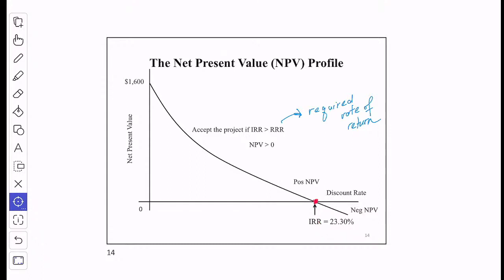You should accept the project as long as the internal rate of return exceeds the discount rate. And that is also telling us that for all the discount rates below that, we would accept the project.